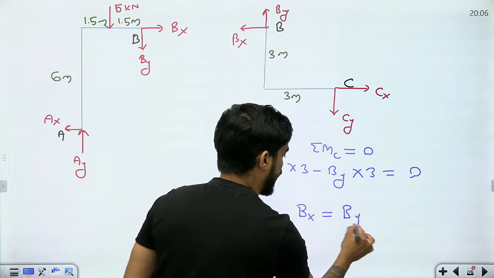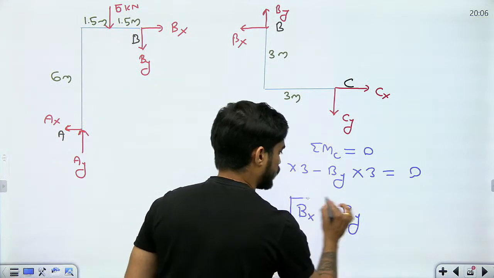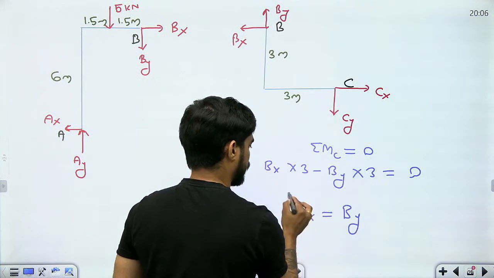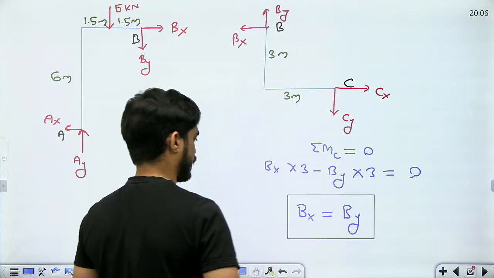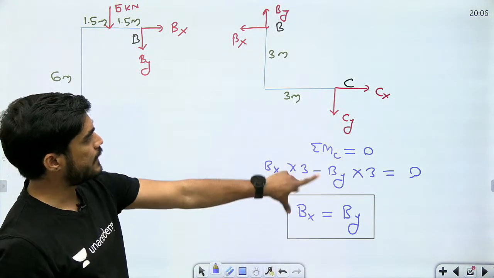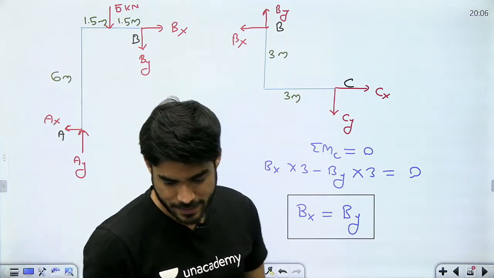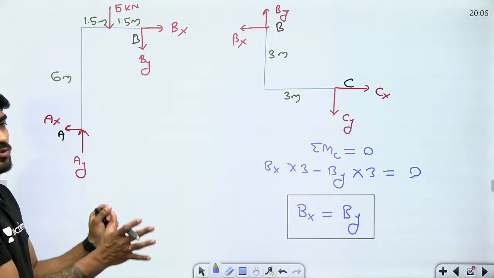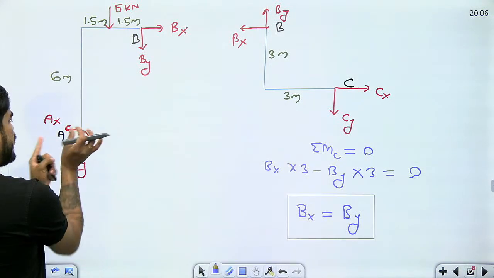So I am going to get Bx equals to By. Are you guys getting this? Bx equals to By. Yes, Bx and By are the same. Now once you get this, take moment at A.